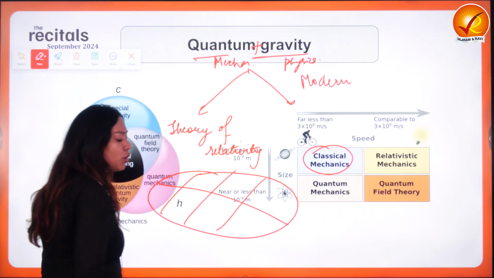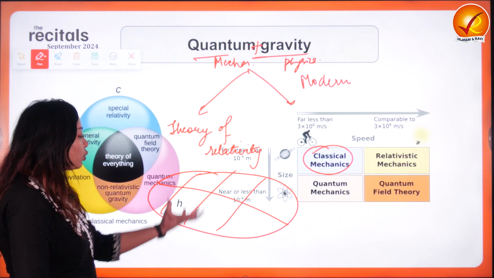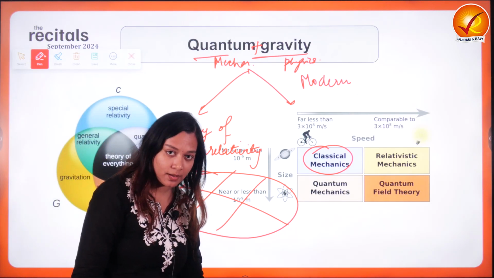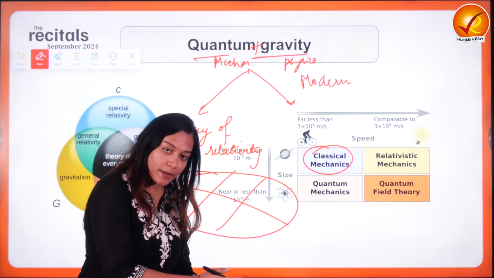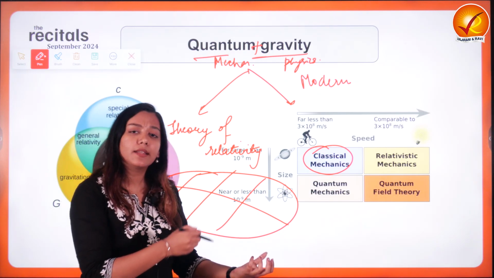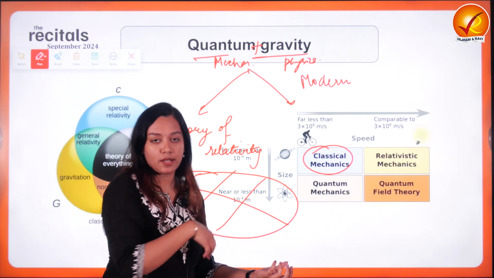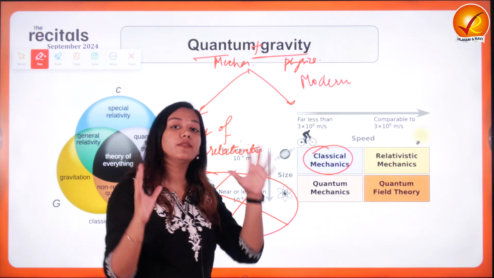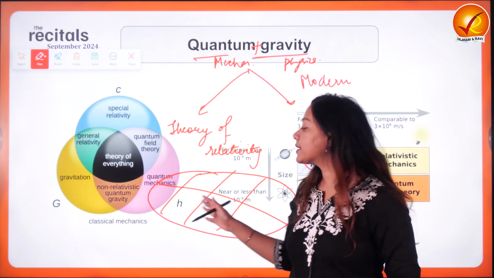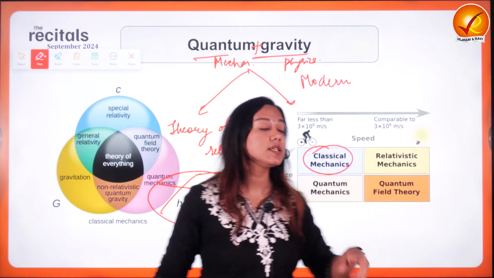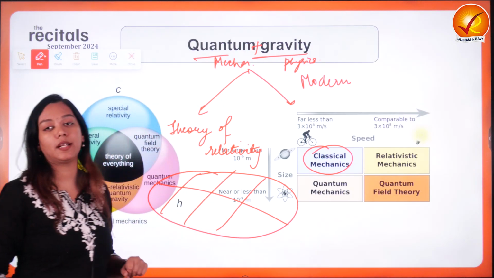The more massive a body is, the more it is able to warp the space-time around it. If it is able to warp it more, it will be able to circulate other smaller bodies around it. This is how the entire universe is functioning right now, and this is the more accepted theory currently. This is by Einstein, the theory of relativity.